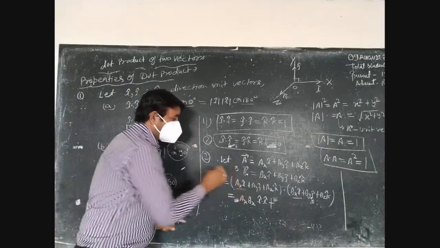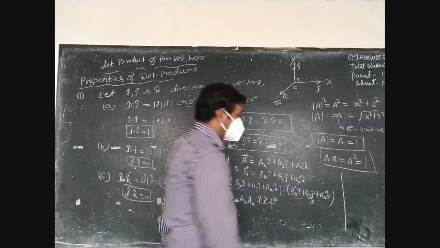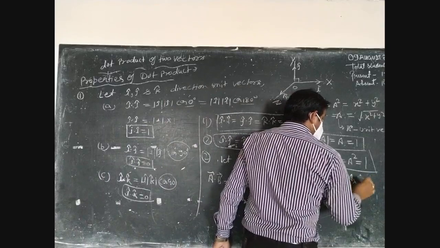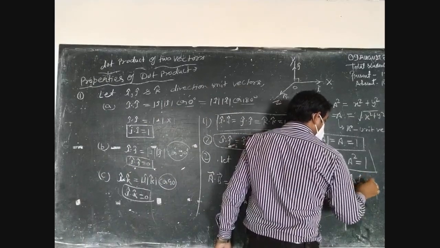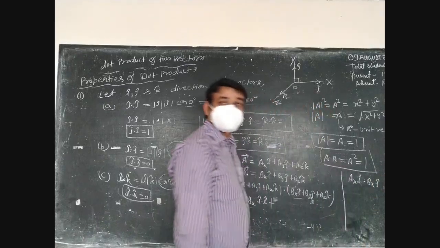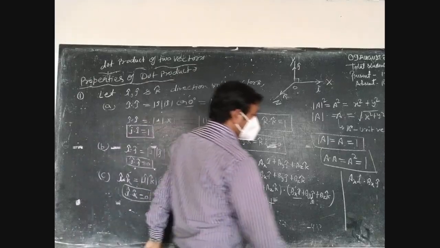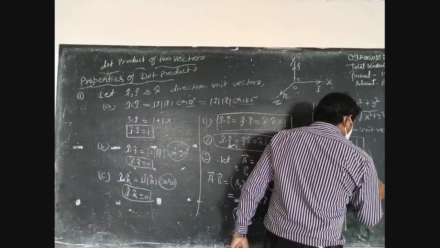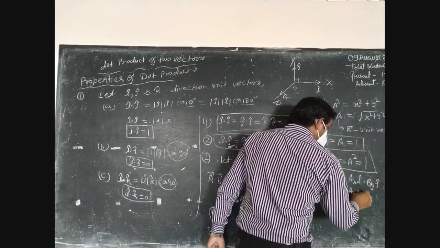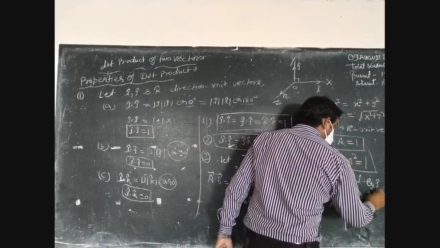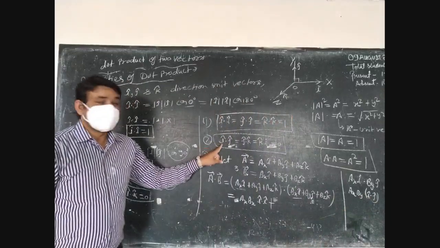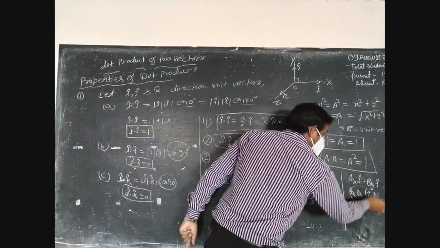when this ax i cap multiplies with by j cap, just see here, we get the result ax by i dot j, and you know that this i dot j is 0, so this result will become 0.